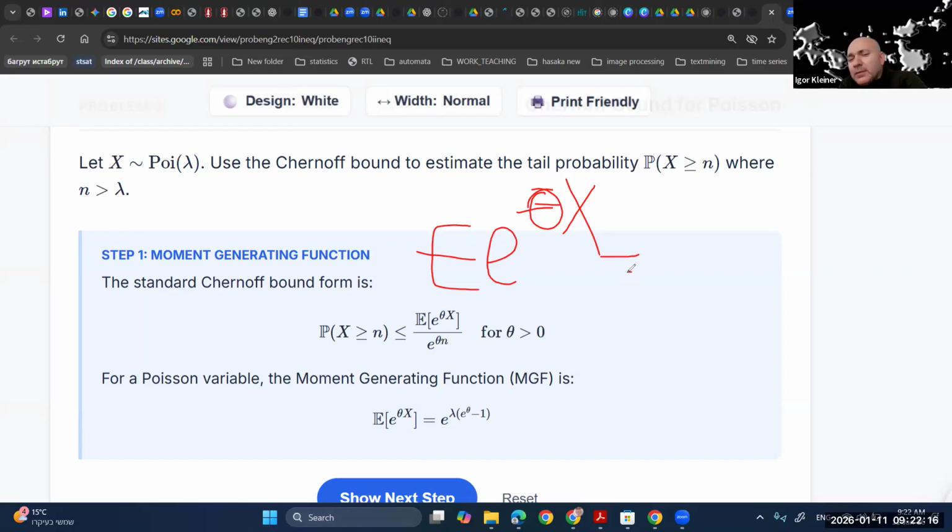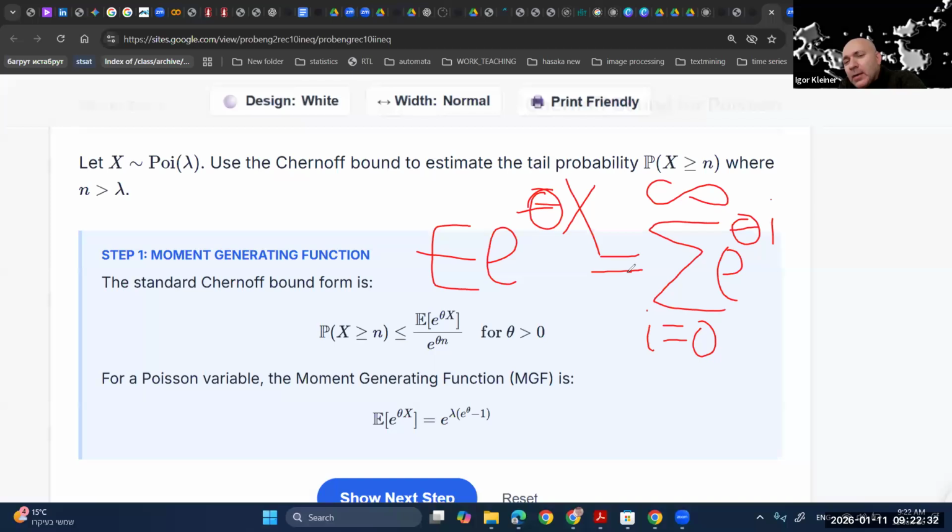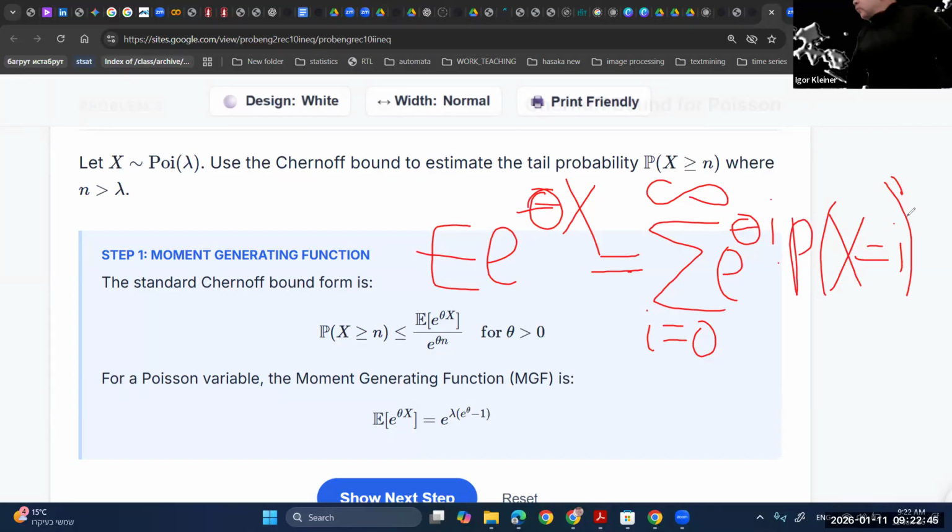It equals the sum, because X is a discrete random variable, with i going from 0 to infinity, of e^(theta i) times the probability that X equals i. This is the definition of the expectation of a function of a random variable. Make sense?